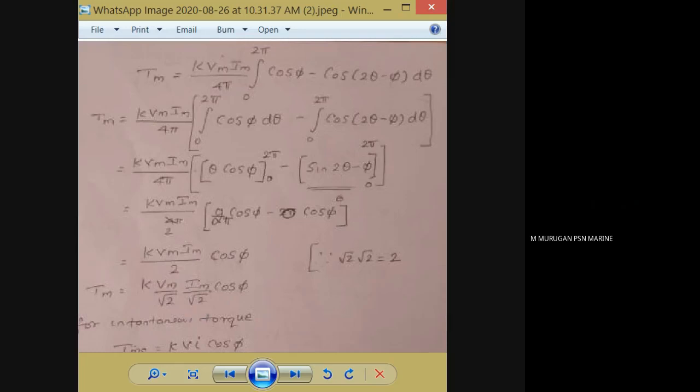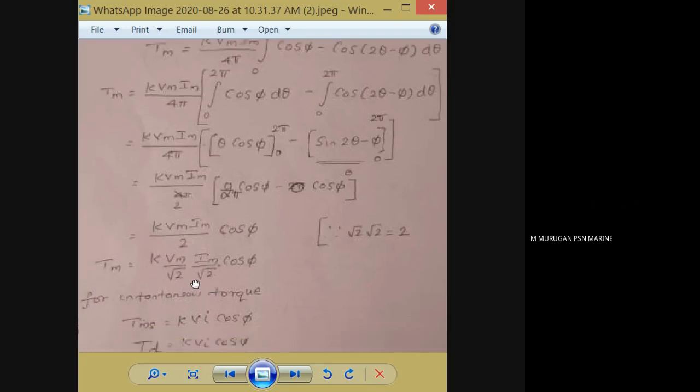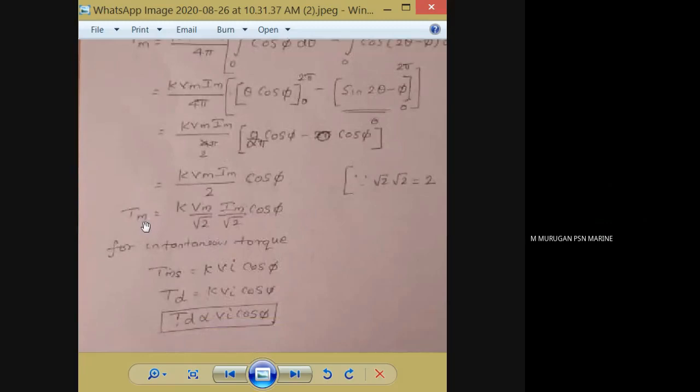So instead of the deflecting torque value, I can write Vm by root 2 as V, Im by root 2 as I, then cos pi. So simply I can get for the instantaneous torque V I cos pi. This is the power value of AC.